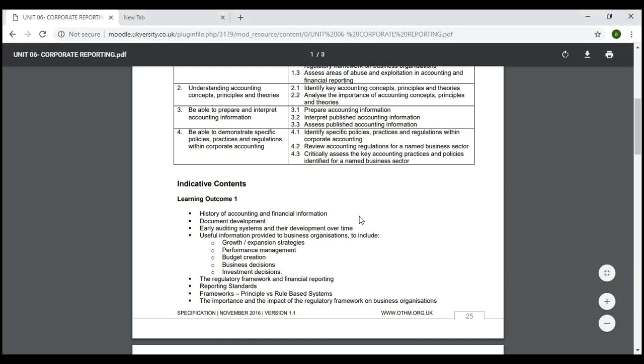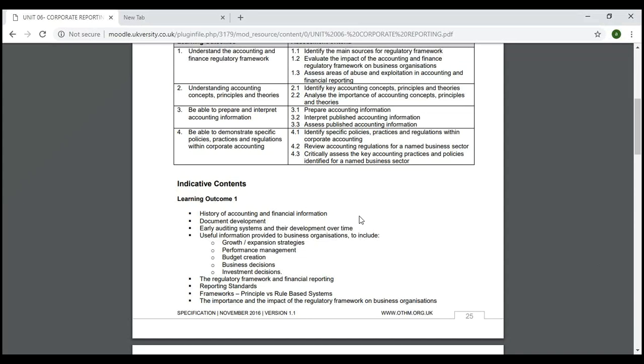Okay, so next we'll go through the history of accounting and financial information, document development, early auditing systems, development, growth, expansion strategies in the company's performance, budget creation, and business decisions, on what basis we can make business decisions.